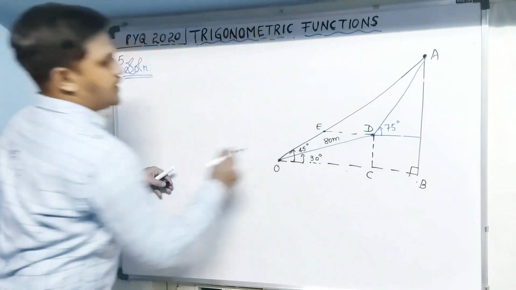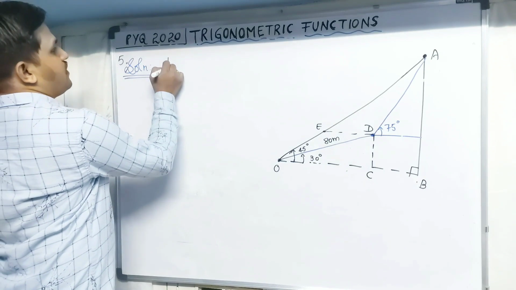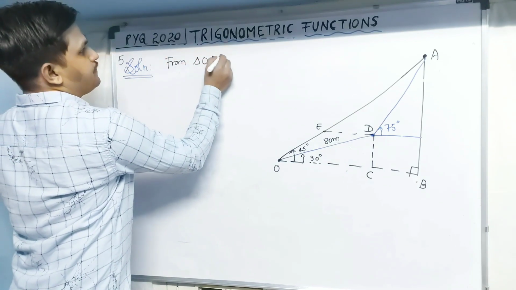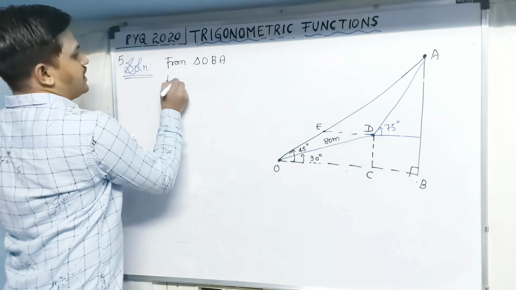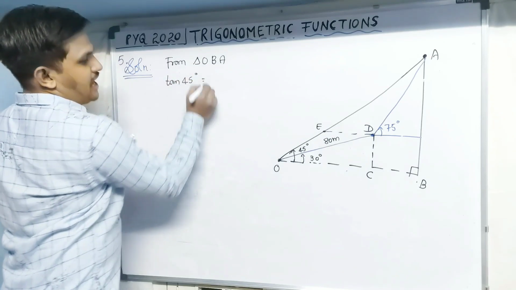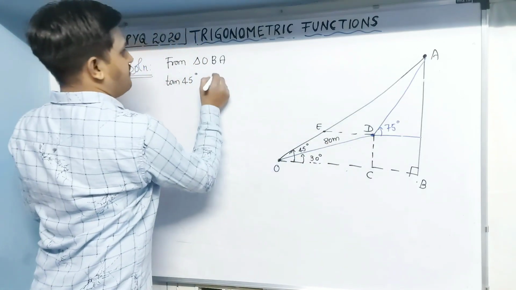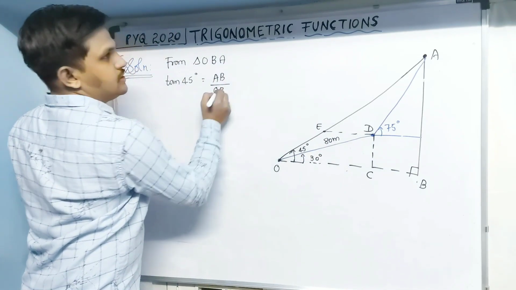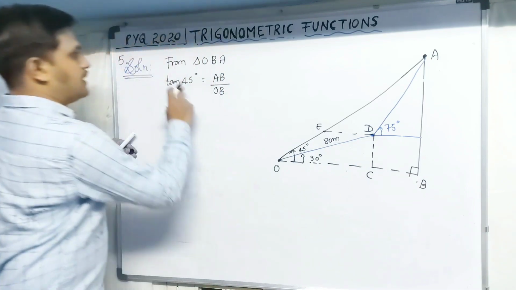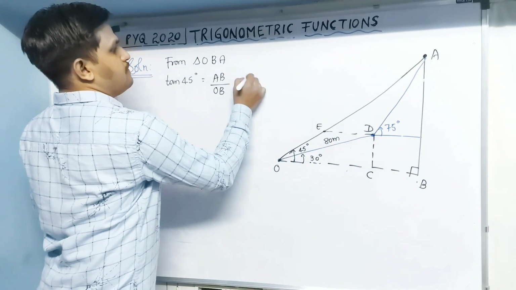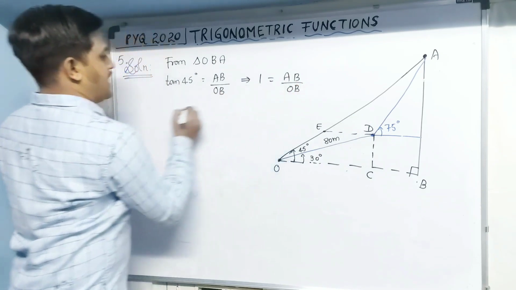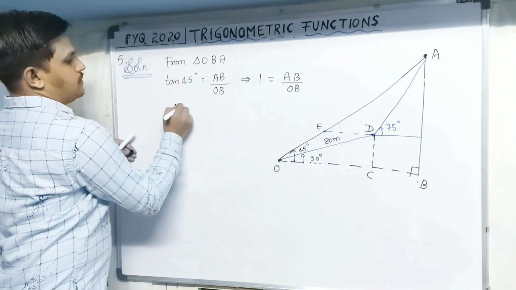From triangle OBA, what is tan 45 degrees? tan 45 degrees is equal to AB divided by OB, but tan 45 is 1. So 1 is equal to AB divided by OB, which implies AB is equal to OB.